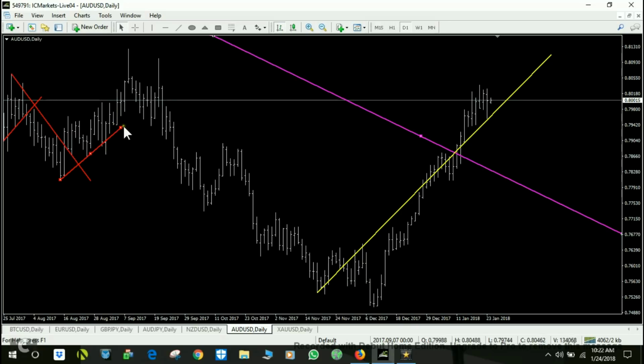Once it went away again, I moved this line to the bottom of this candle, or wave, carried it through, and you'll see now that price went up, came back down again, and here's your first small wave back up again. So we bring the line now to that wave.